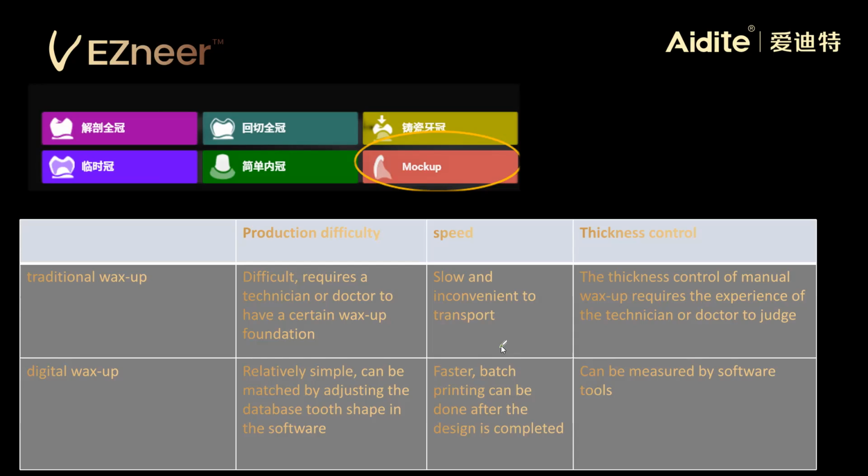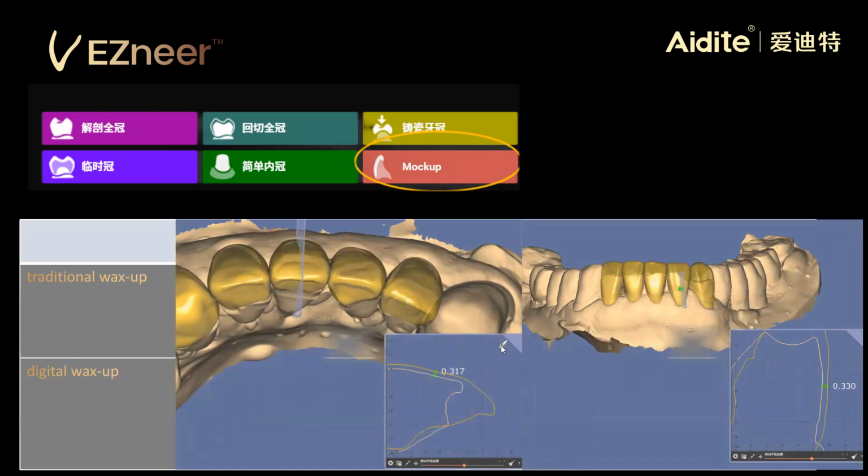And for thickness control, with digital workshops we can use the software tools to control the thickness. But for the traditional workshops, our technicians need more experience to control the thickness. As the picture shows, if we use the software to make the workshop, we can control the thickness, and we can also communicate with our doctors about how much thickness they want.